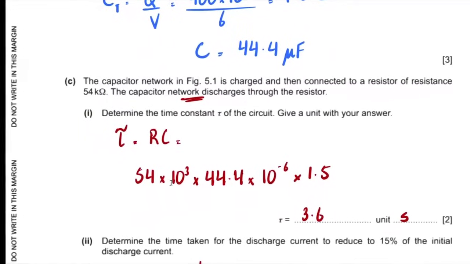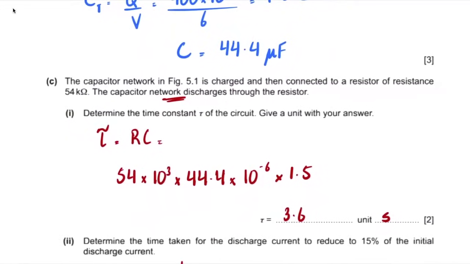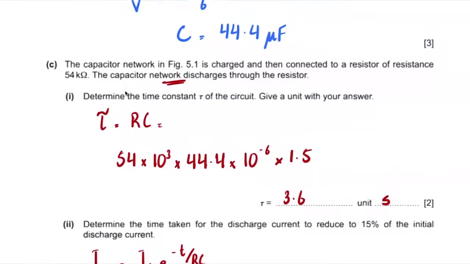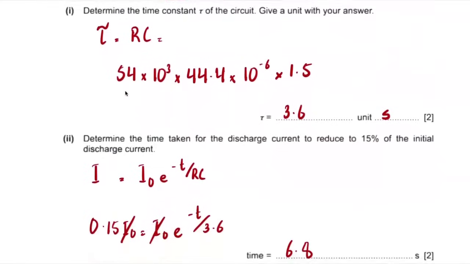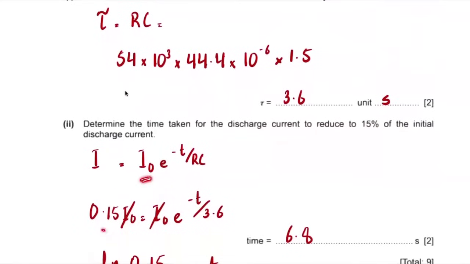Then determine the time taken for the discharge current to reduce to 15% of the initial discharge current. So I know that charge, current, voltage all follow this exponential decay, e to the power negative t over RC. For it to become 15% of initial, if the initial is I naught, I'm waiting for it to become 0.15 I naught.